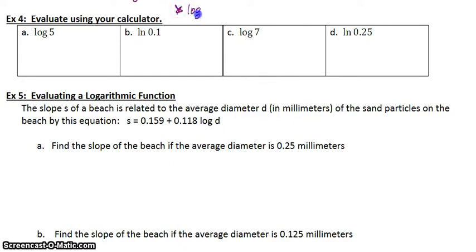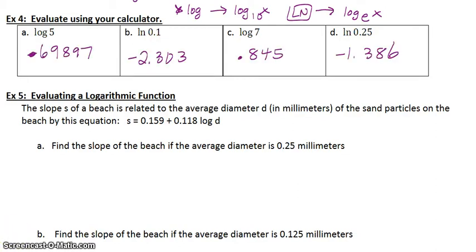So the log button on your calculator is the common logarithm base 10, and the ln button is the log base e. And by the way, some of you with the newer graphing calculators might actually be able to type the logs in, but you will have to do it without a calculator for a little bit, so practice it without that first. Alright, this next step is just straight up calculator entry. So pause, try them, write them down, and then we'll check.